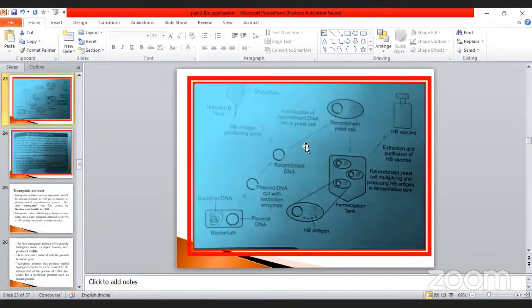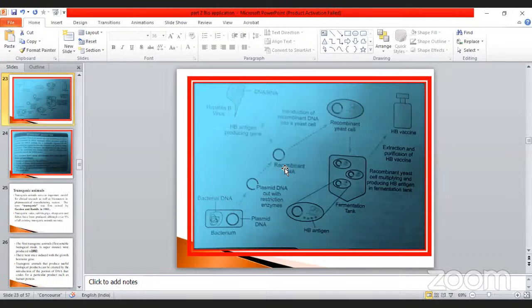See, the hepatitis antigen-producing gene is isolated from the particular virus. It is incorporated into a plasmid molecule isolated from a bacterium, an extrachromosomal body called a plasmid. So both are combined together, and a recombinant process is done.